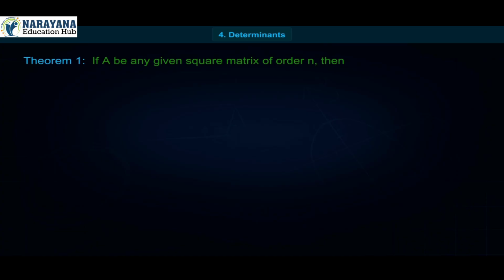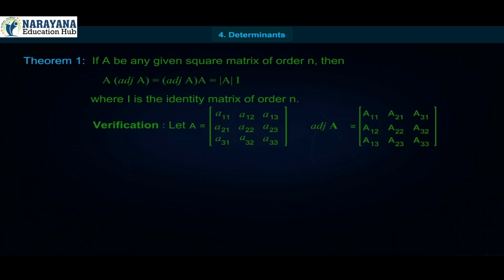Theorem 1. If A is any given square matrix of order n, then A times adjoint A is equal to adjoint A times A, which is equal to determinant of A times I, where I is the identity matrix of order n. Verification.